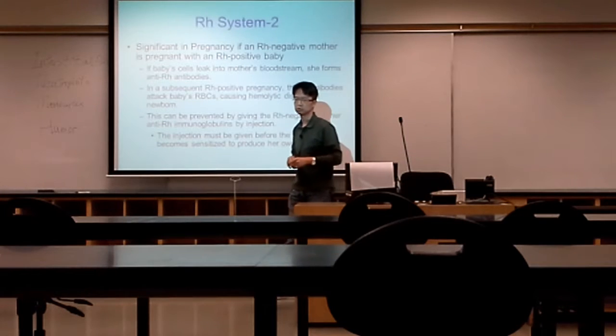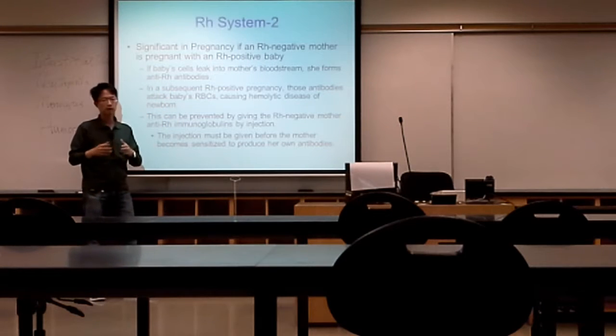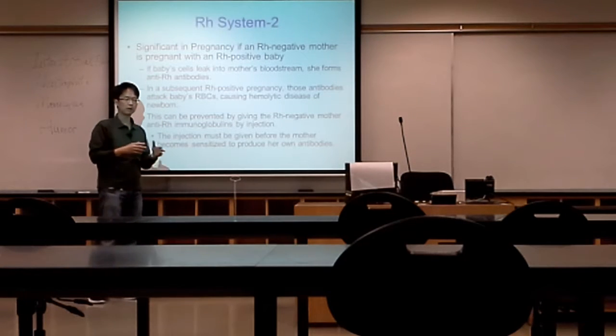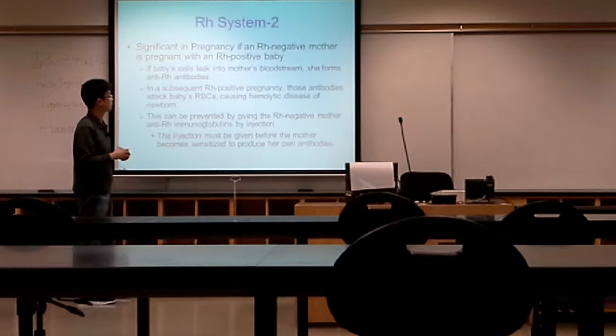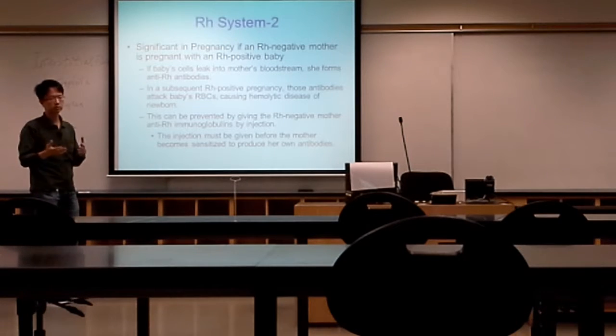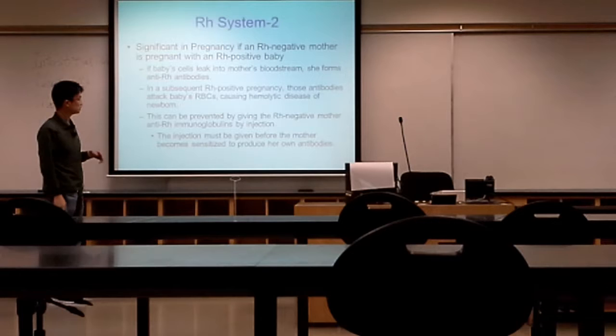For example, if the father is Rh positive, but the mother is Rh negative, according to Mendelian genetics, you can basically do it quickly in your head. You know that the baby will have a chance to be Rh positive. So if the baby becomes Rh positive, carried by the Rh negative mother, what will happen?